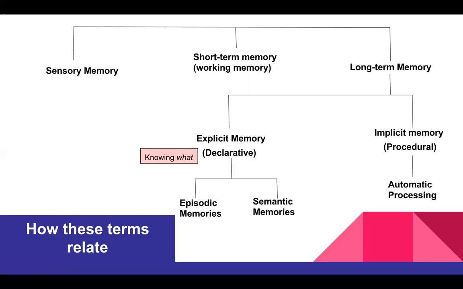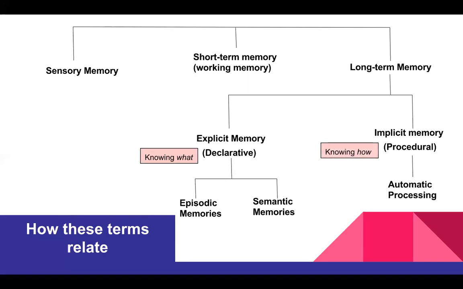I'm just going to keep it like that. Explicit memory also has within it declarative memory, and that's when we are trying to memorize what something is, like terminology or dates and names and concepts.